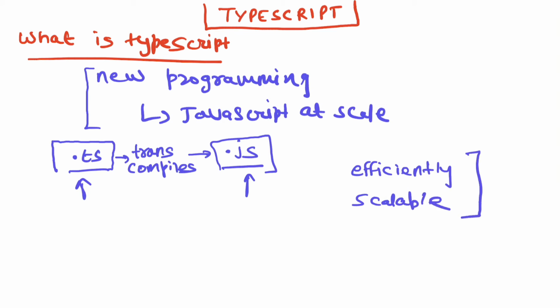If you are building an enterprise level web application, then you will need a lot of JavaScript code. If there is a lot of dynamic experience within your website, it's going to be difficult to write it efficiently in JavaScript, and you will not be able to scale much in JavaScript. So TypeScript is a programming language which helps you to write these JavaScript programs in an efficient and scalable way.